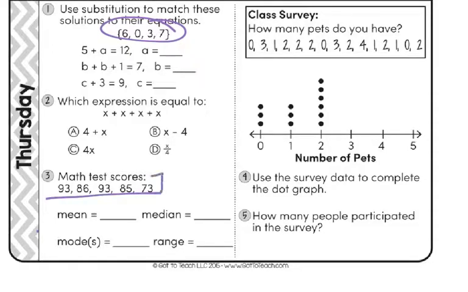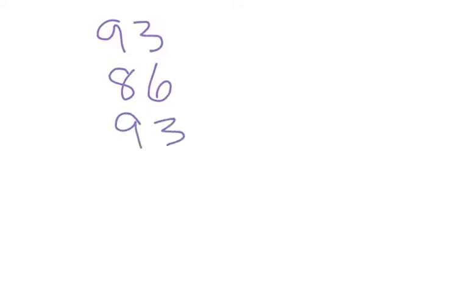They gave us some math test scores, and they want us to find the mean, median, mode, and range of those test scores. So let's review real quick. The mean is the average. So to find the average of those scores, we are going to add them, and our scores were 93, 86, 93, 85, and 73.